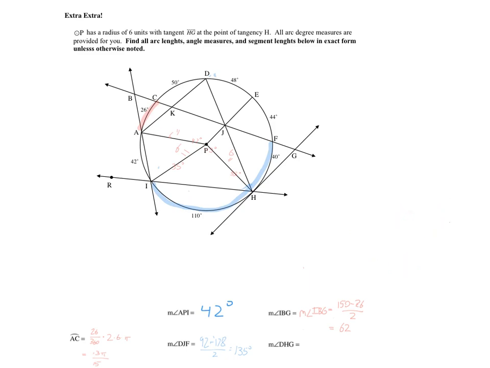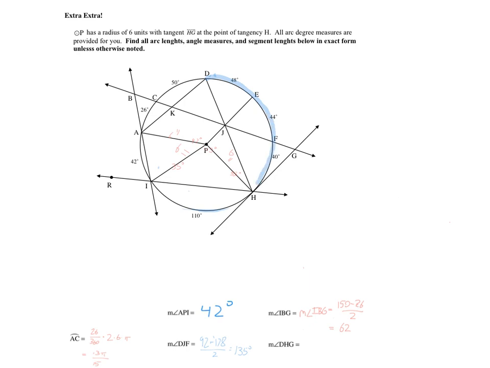Okay, what are we trying to find next? We are trying to find DHG. Now HG is tangent, and DH is a chord. So now we have tangent chord. We just need to find the arc that it intercepts, this one right here, and divide that by 2.